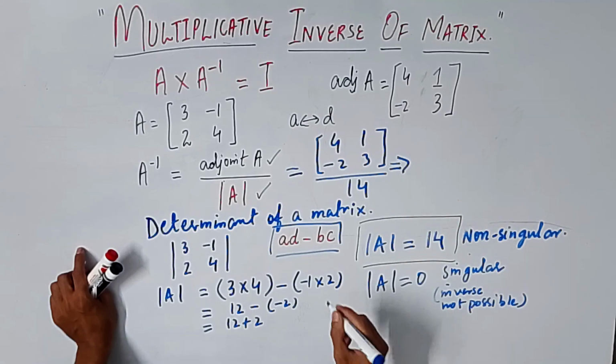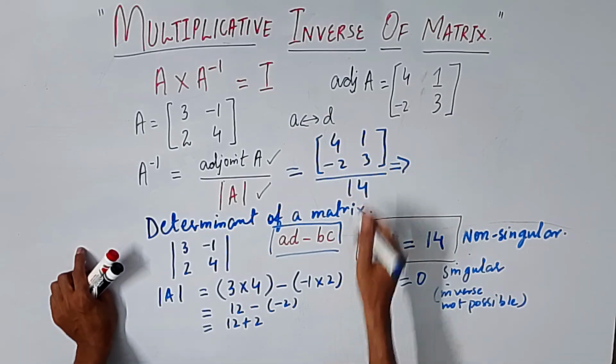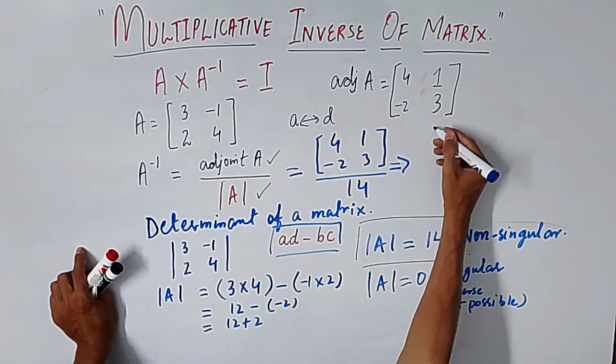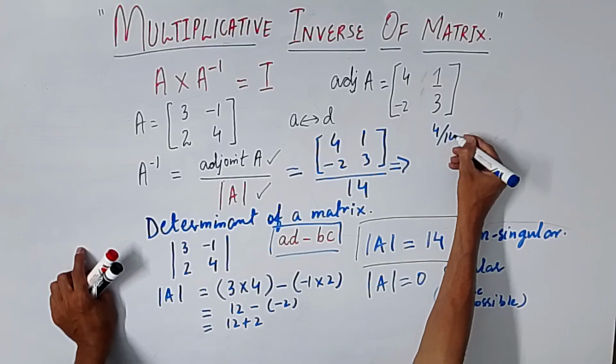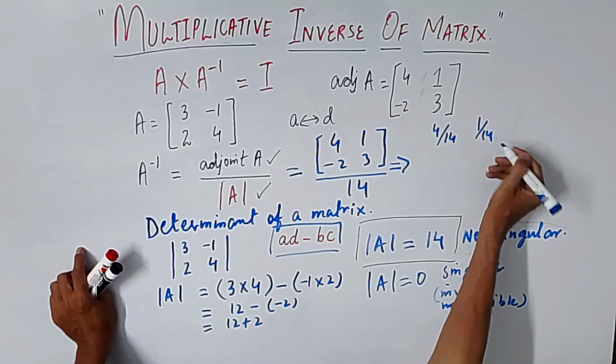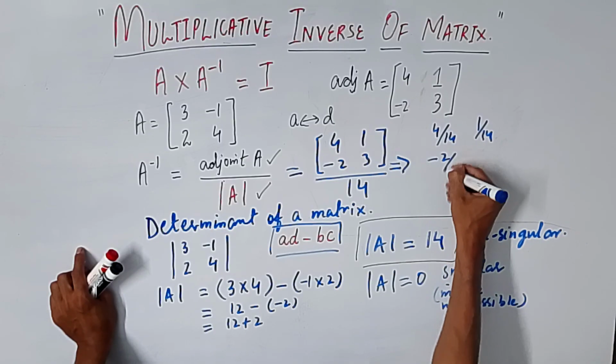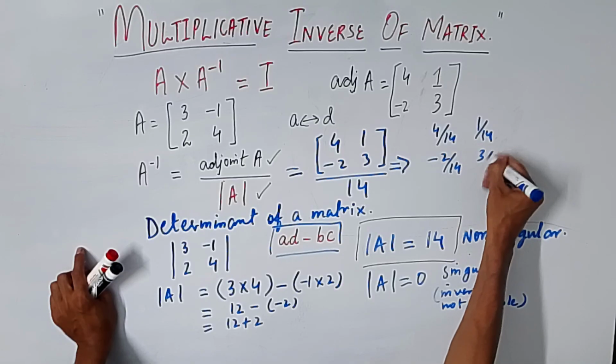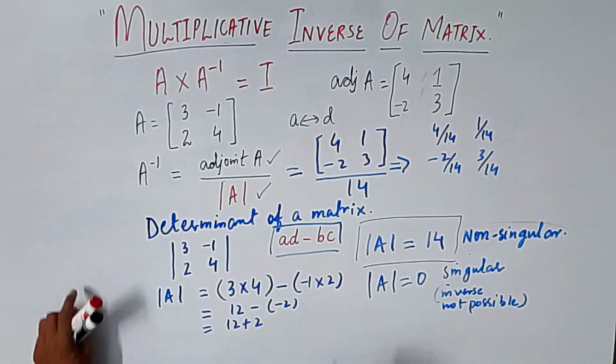So division means that you need to divide each and every number in the matrix by this 14. So it will come 4 upon 14, 1 upon 14, minus 2 upon 14, and 3 upon 14. Right?